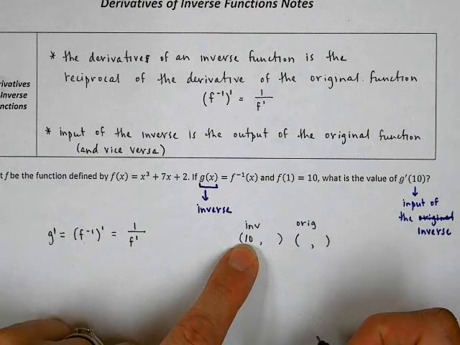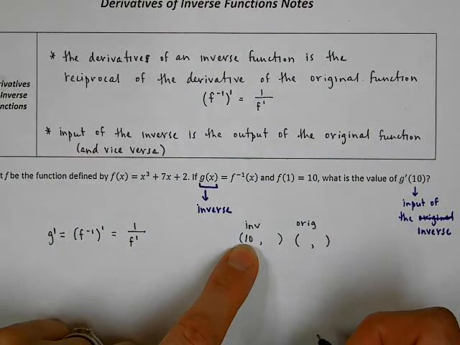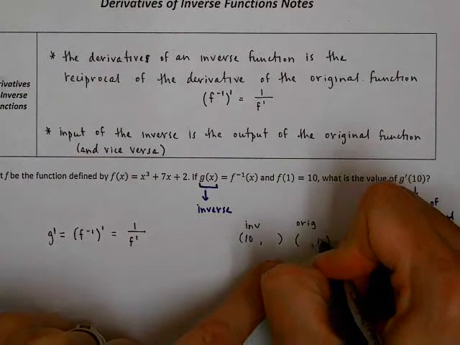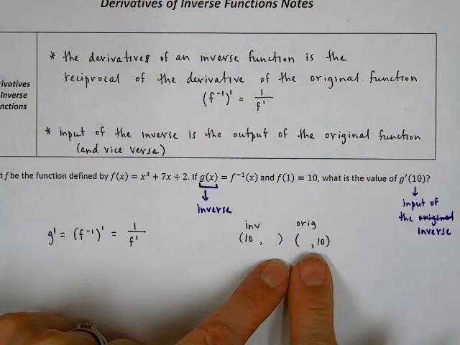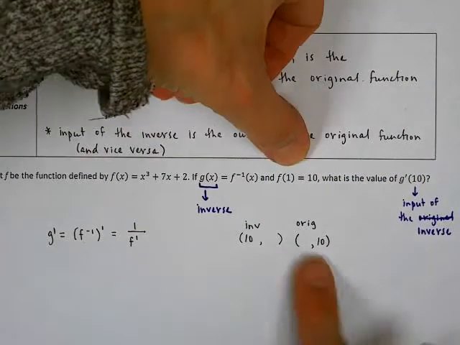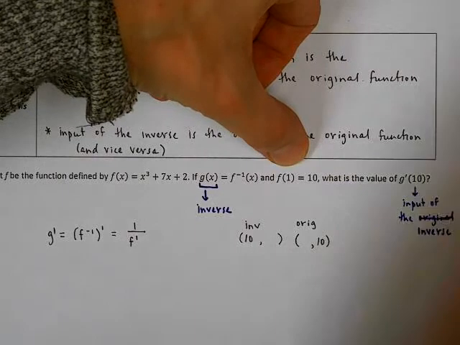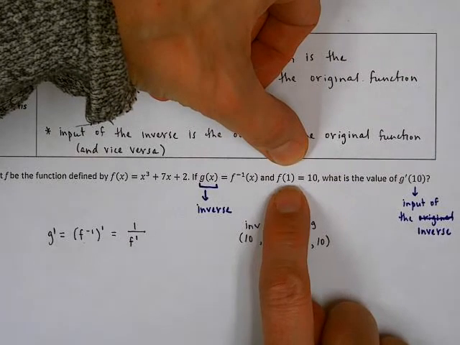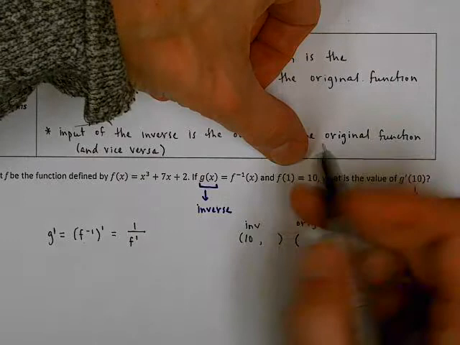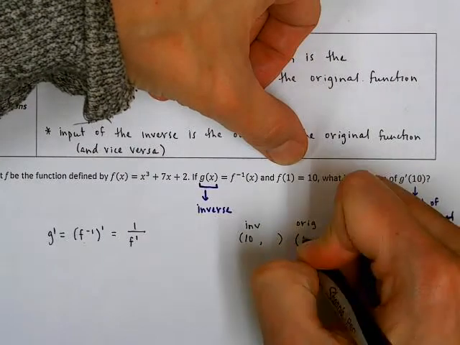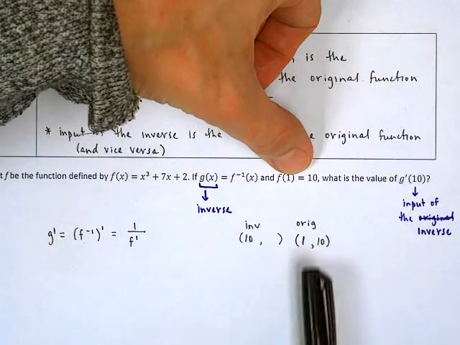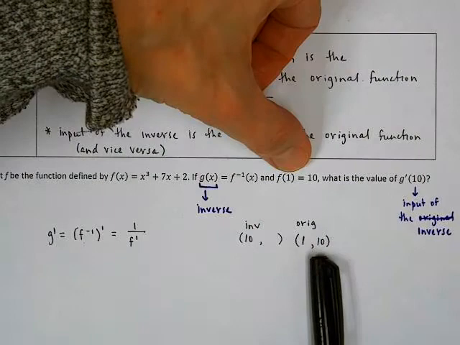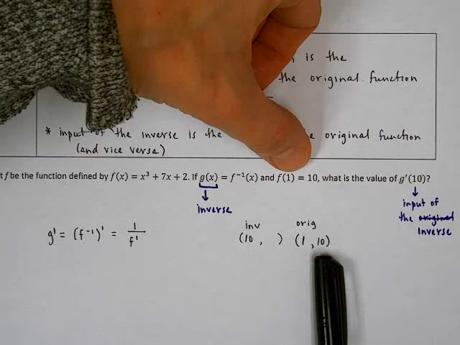If that's the input of the inverse, it means it's the output of my original. Now, since f was my original function, they actually told me the input to my original is 1. This f of 1 equals 10 is giving me that input and output of my original.